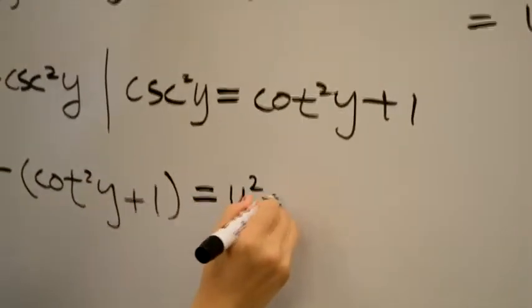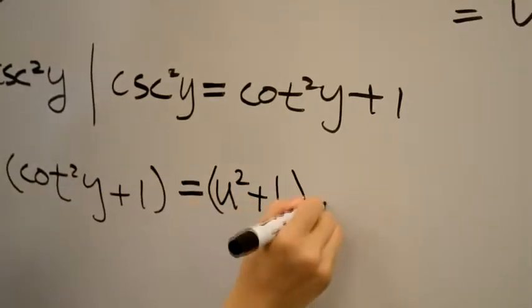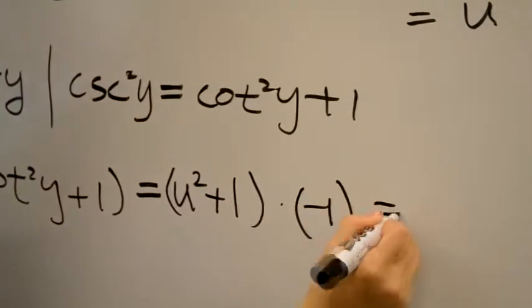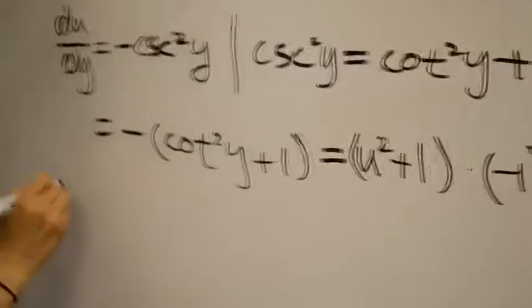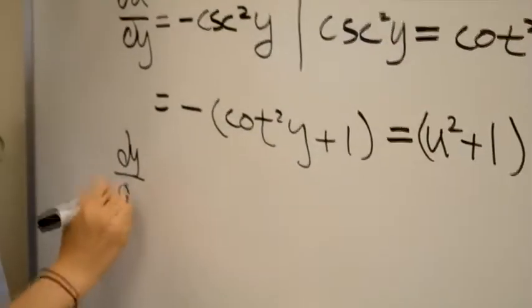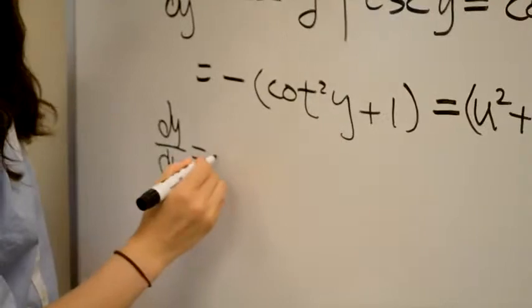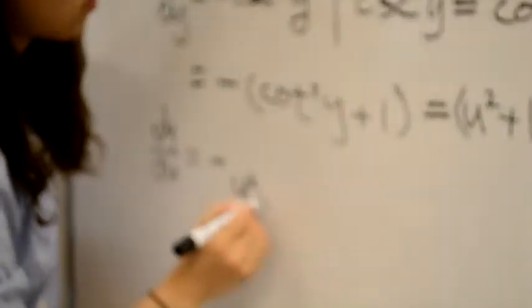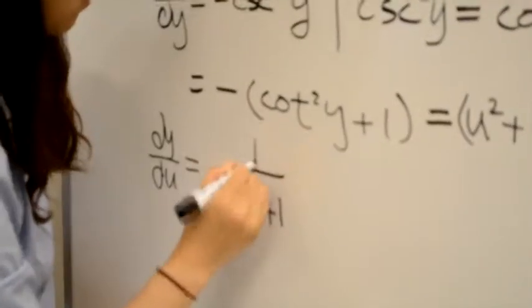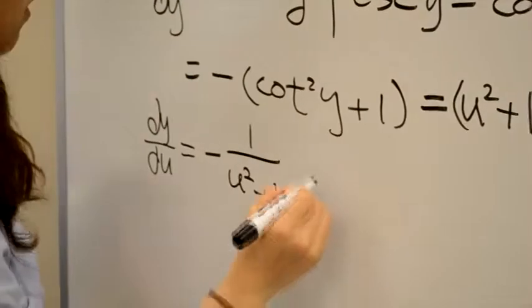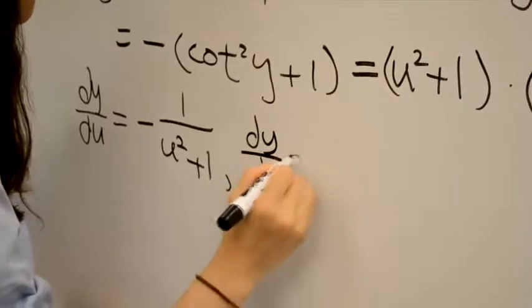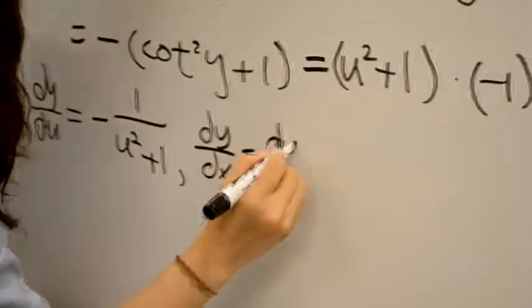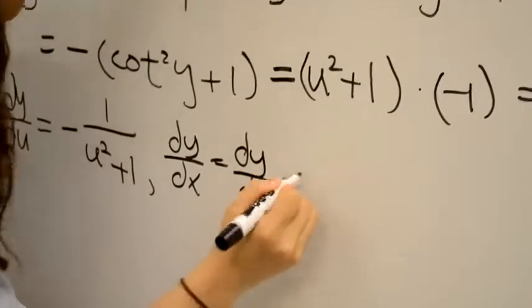But before that, we're going to use u substitution. In this case, u is going to be cotangent y. So we're going to flip it now, and that's going to be negative 1 over u squared plus 1. And to get dy dx, we must multiply it by du dx, so we have to get du dx here.